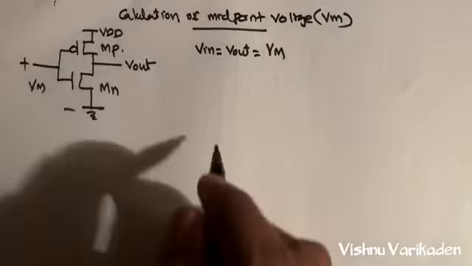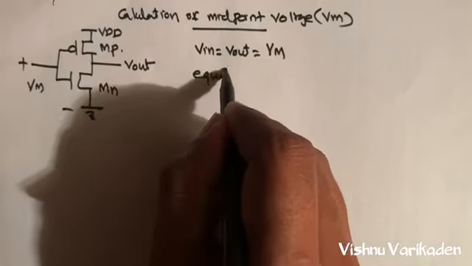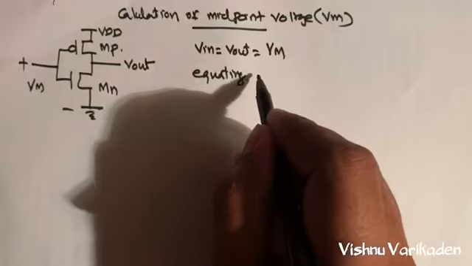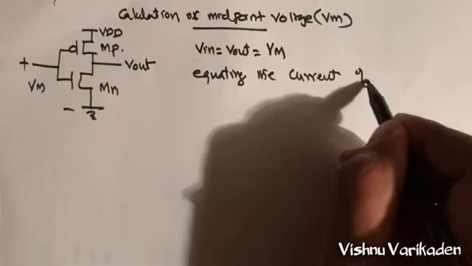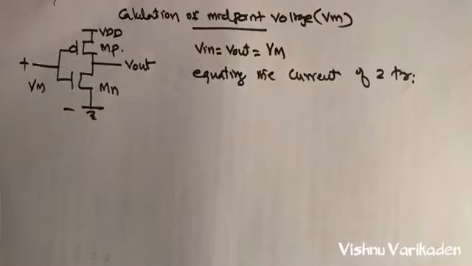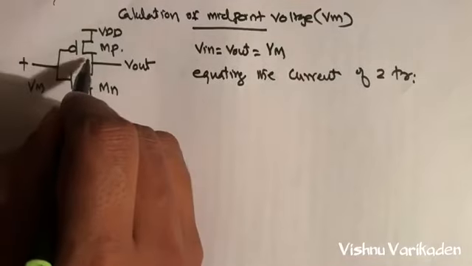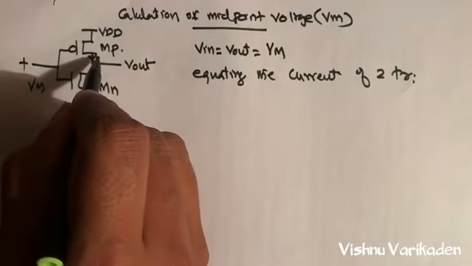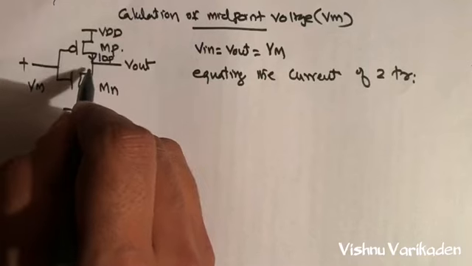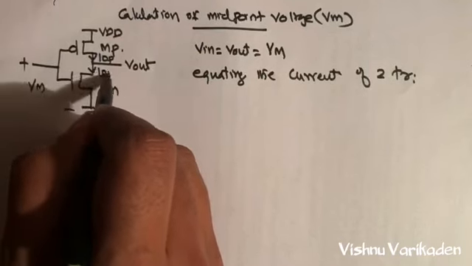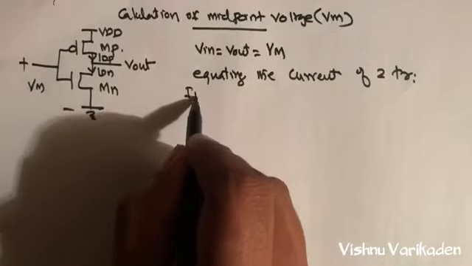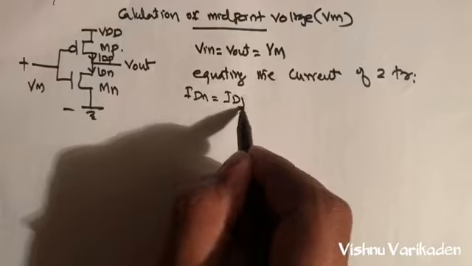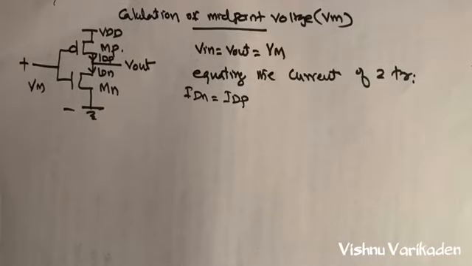Also we equate the current of the two transistors. The currents here are IDP and IDN. Equating the currents, IDN equals IDP.